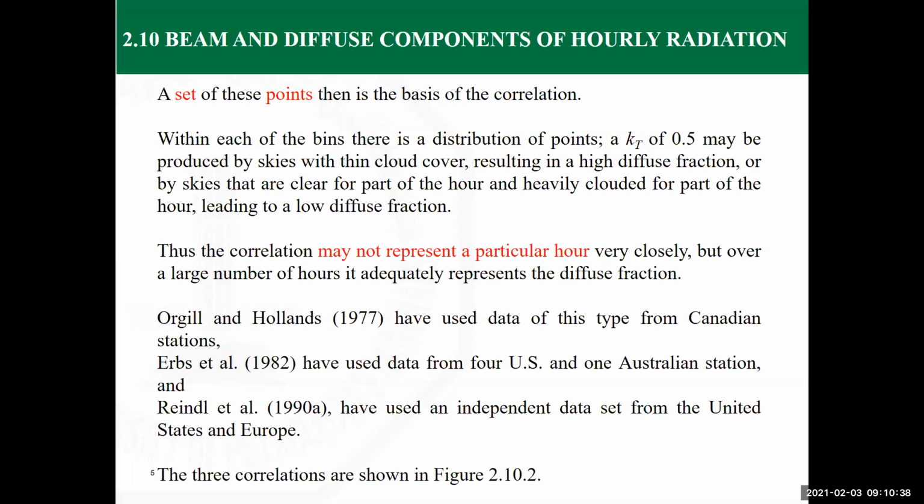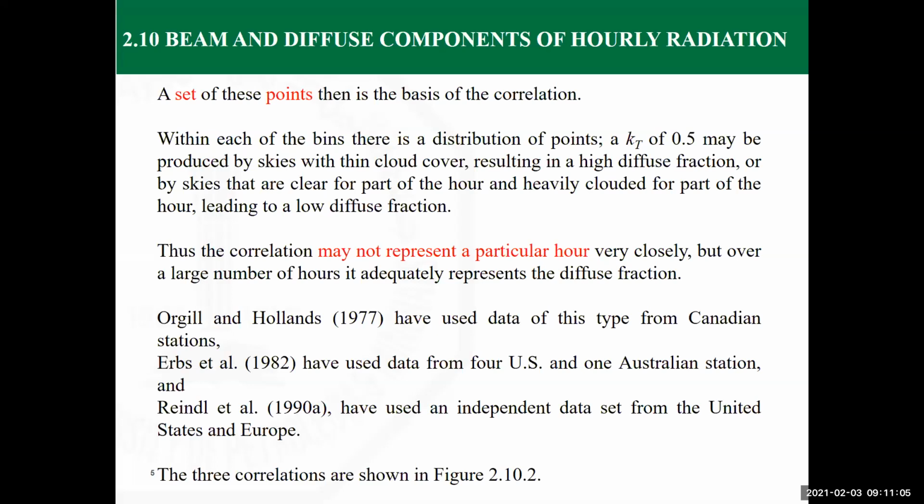A value of KT equal to 0.5 can be realized in different ways, and we should be aware of that while dealing with the data. The correlation may not represent a particular hour very closely, but for a large number of hours, it would adequately represent the diffuse fraction.